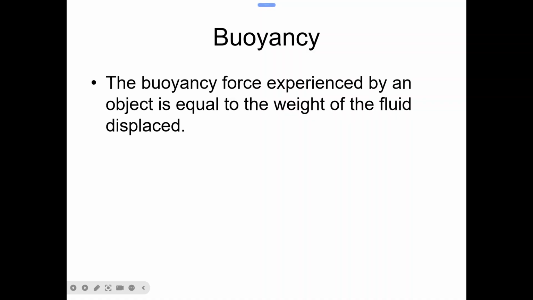Because again, it's rho liquid times g times V displaced. What is rho times V displaced? This displaced liquid. So this is the mass of the liquid being displaced, times g, that's the weight of the liquid being displaced. Does that make sense?